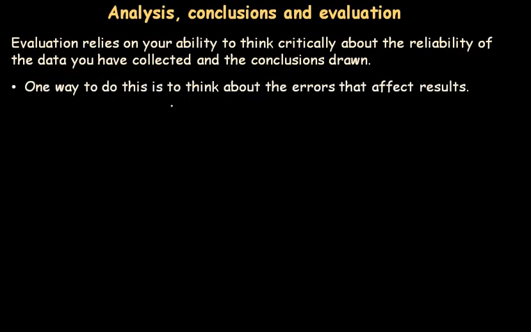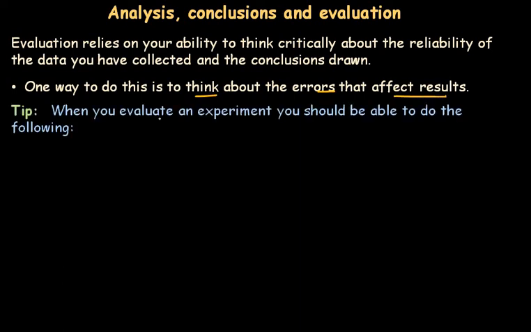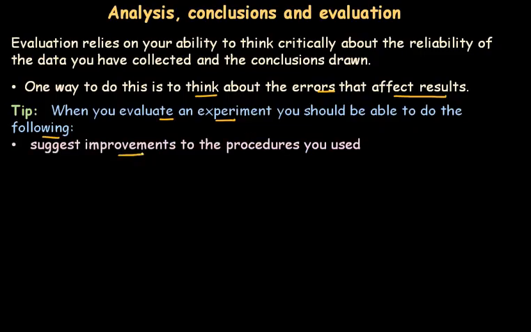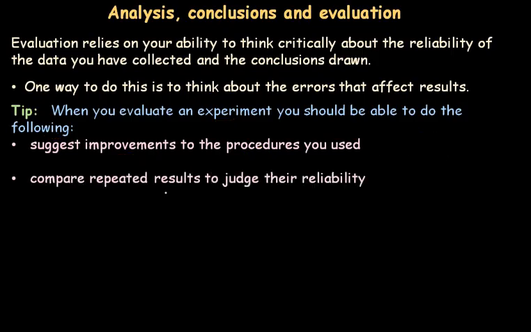Now one of the ways to evaluate correctly is to think about the errors that affect our results. So when we evaluate an experiment, we should be able to do the following points, that is, suggest improvements to the procedure. For example, if we want to use a burette or pipette in place of a measuring cylinder, that is one way of improvement, or repeating the results and then taking an average, that is also another way of improving the results.